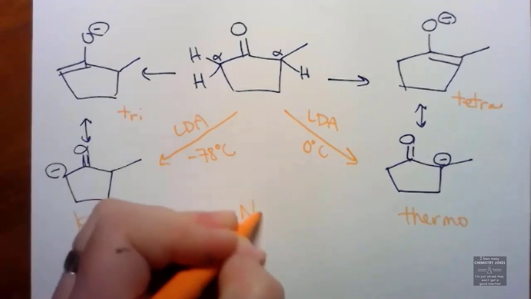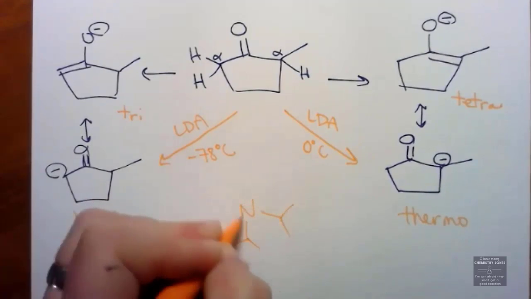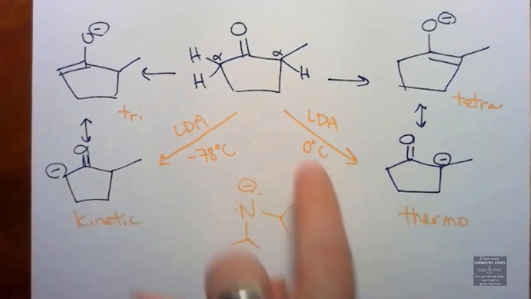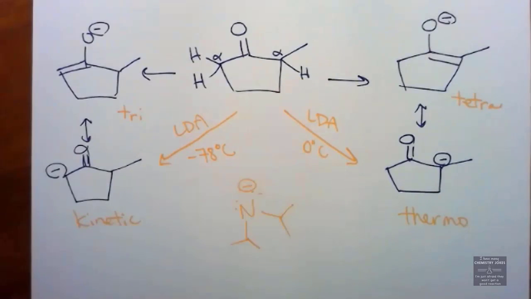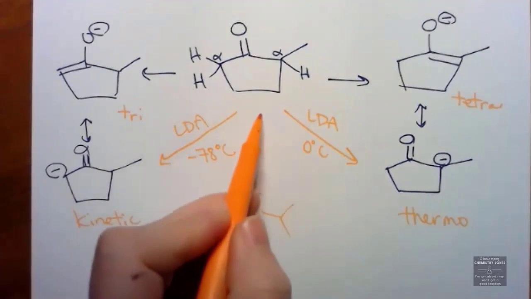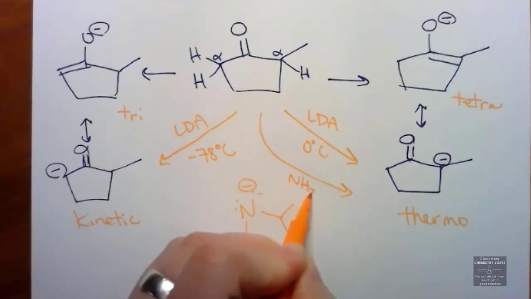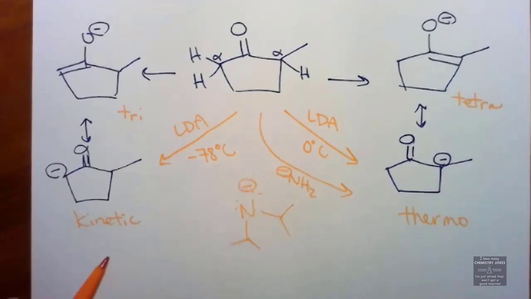LDA is a quite bulky thing, so it's pretty difficult for this kind of base to go into that little baby armpit and pluck that hydrogen. It is capable, but it's not great at it. More commonly, to get the thermodynamic enolate, you use a smaller base. An NH2- base has the same type strength that LDA does, similar pKa, but it's not as bulky, so that's often used.